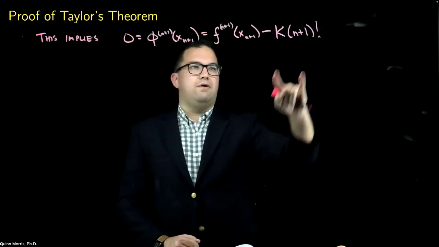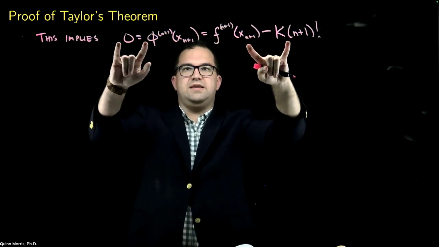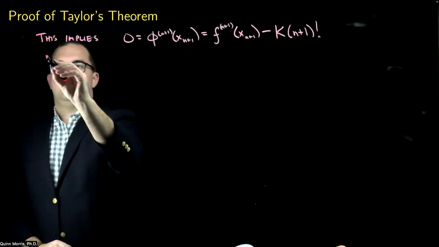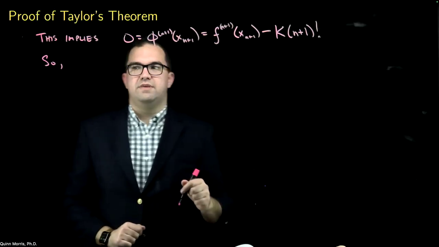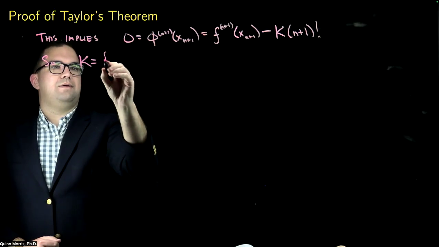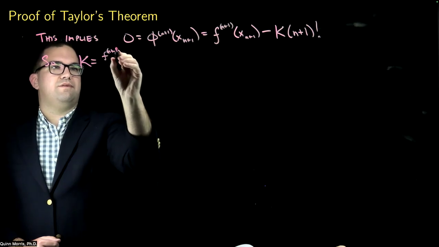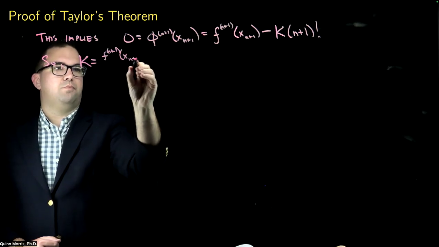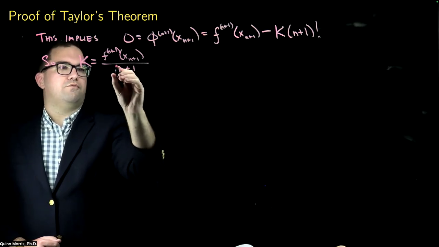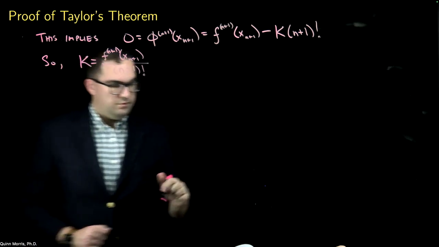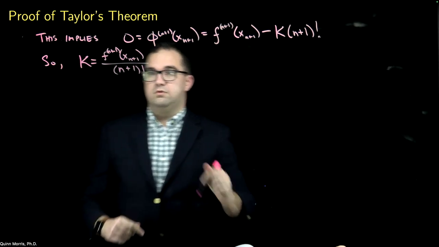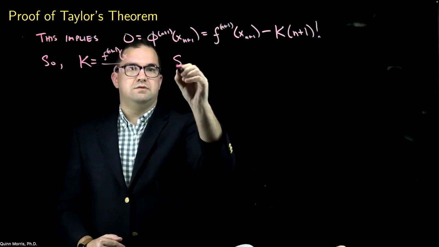Okay, so now if I look at these two pieces of the equation, I can solve this for k, right? And I must have k being equal to the n plus first derivative of f evaluated at this point x sub n plus 1 all over n plus 1 factorial.